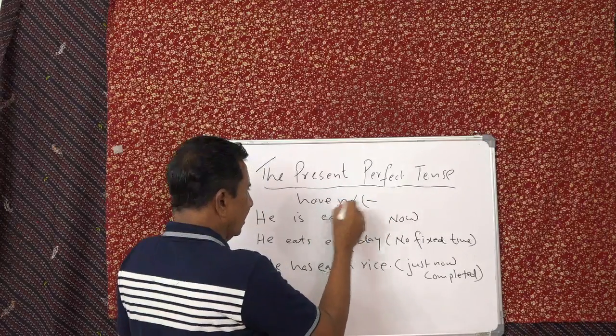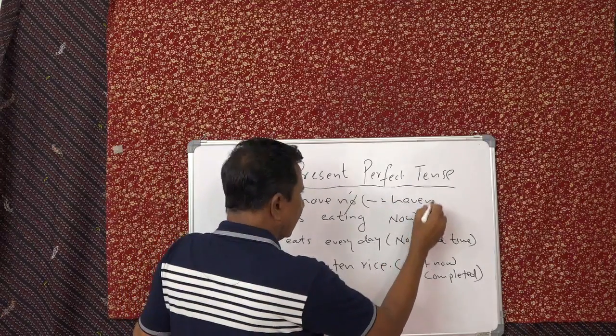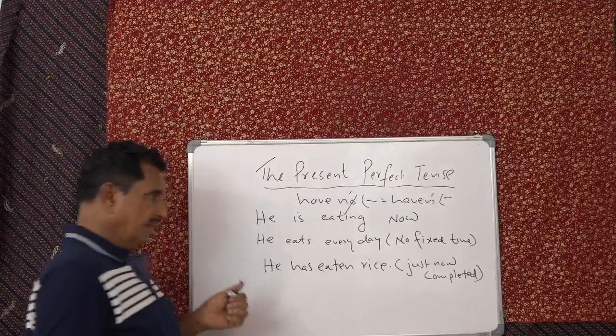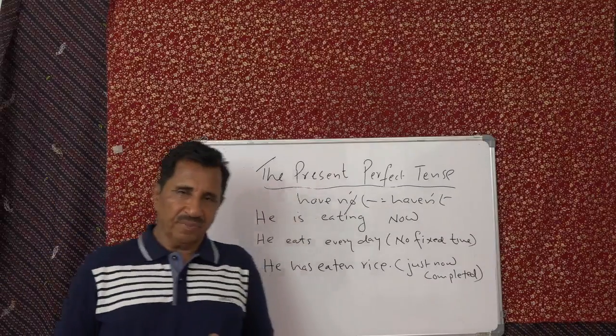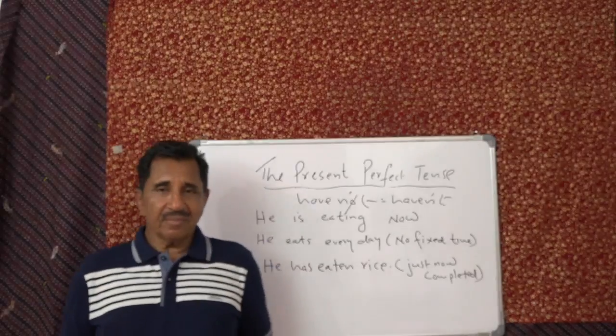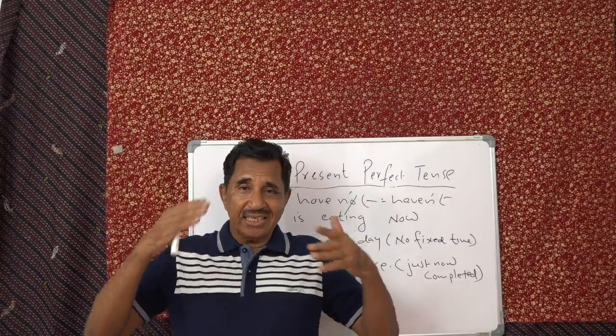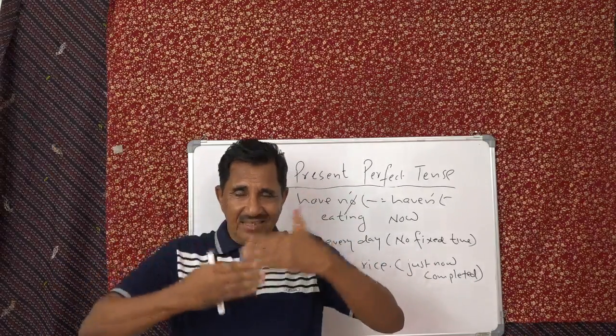Remove this, then you get haven't. And then use. We have seen now 3 tenses. Compare them, then it becomes very easy for you to see the time difference.